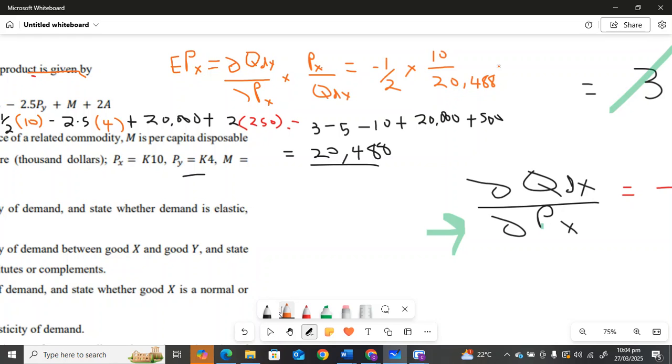So negative half times 10, that is negative 5, and 2 times 20,488 is 40,976. Negative 10 divided by 40,976.